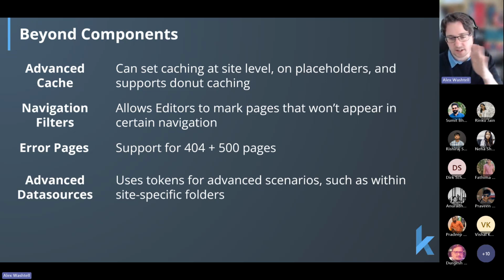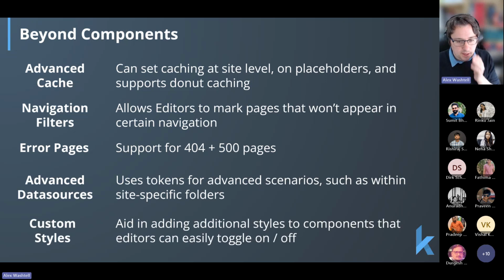You do that by doing $site:// and then it will look in localized areas, or you can say within your own page. These are really useful, and these are all the sort of things they had to build into it to support this sort of multi-site setup. So yeah, those are useful.